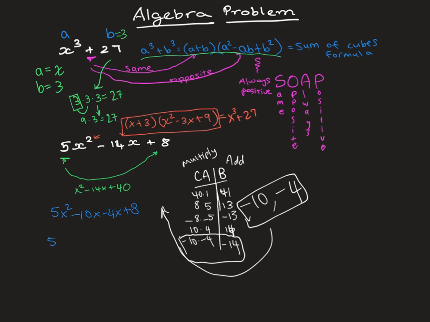Now we take out the greatest common factor: 5x times x minus 2, minus 4 times x minus 2. Now we bring these together, and since we already have x minus 2, we'll just take one of them. So it's x minus 2 times 5x minus 4, and this would be our final answer.